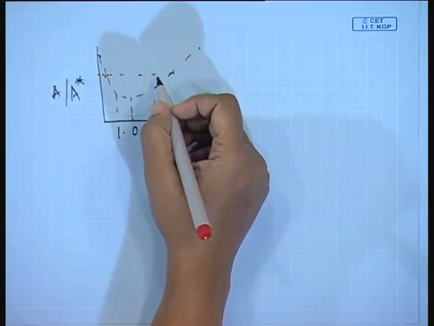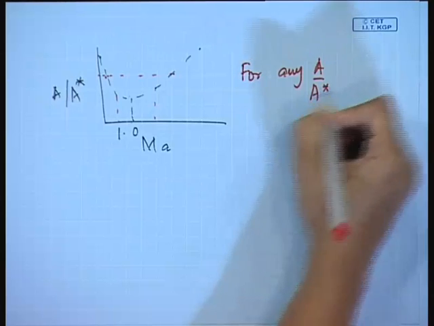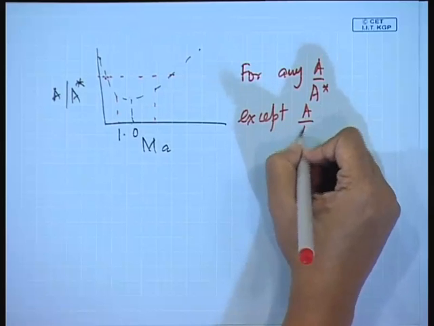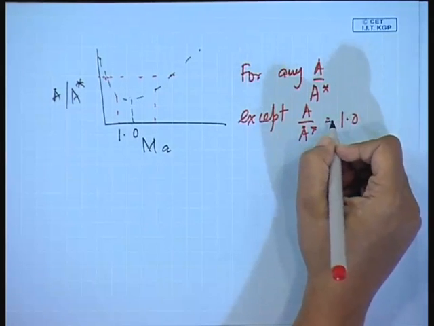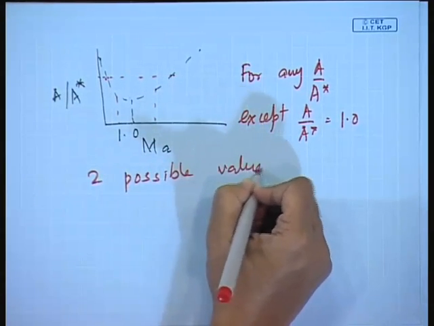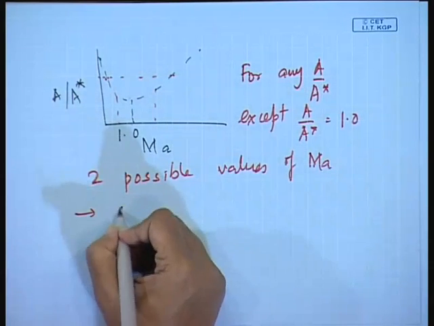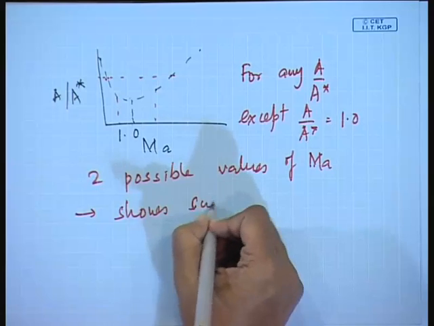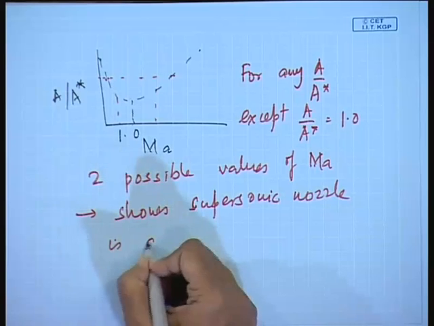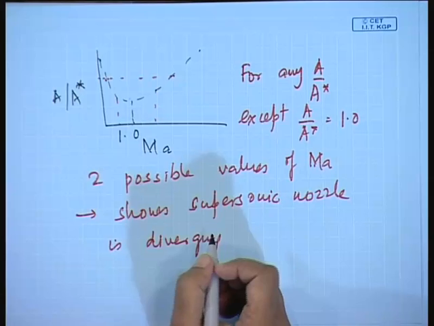So, please remember that for any A by A star except A by A star equals to 1.0, there are two possible values of Ma. So, this shows the supersonic nozzle is diverging. Is this clear to you?